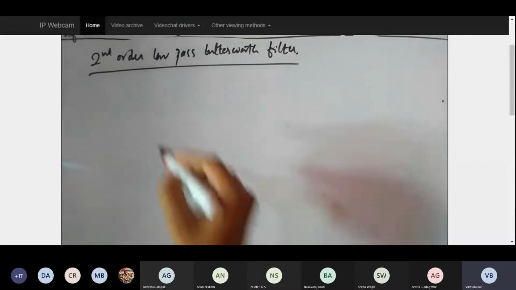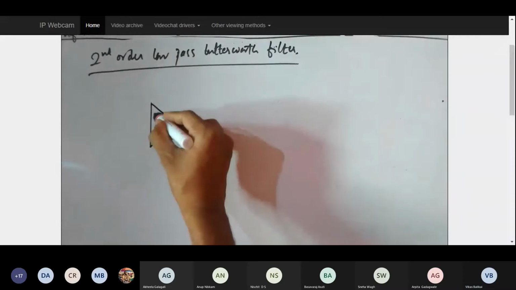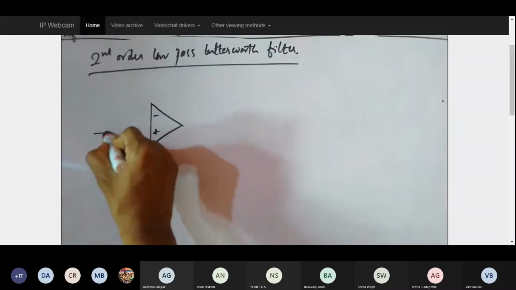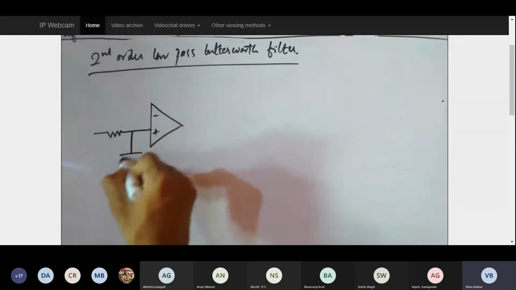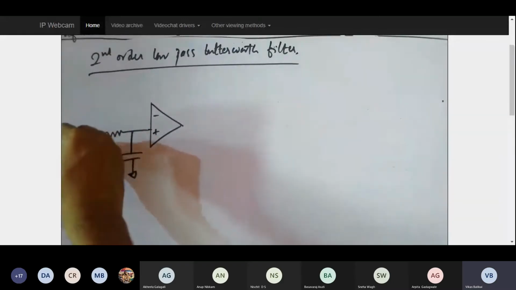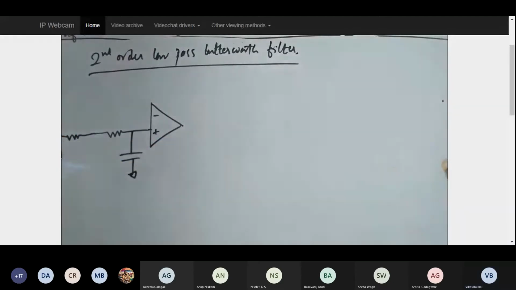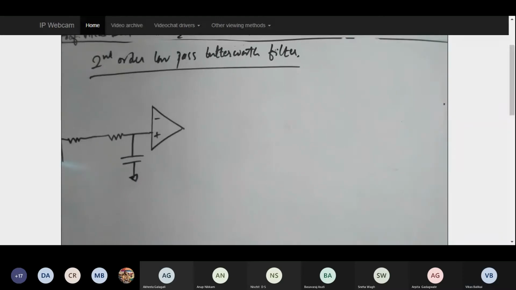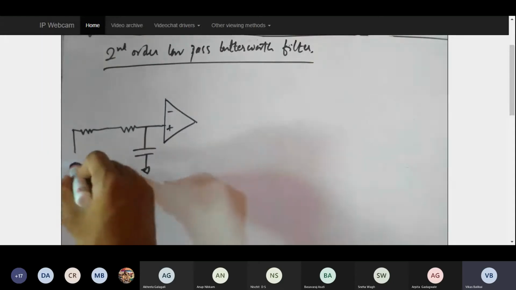Okay, let me quickly draw the circuit of this second order filter. And with respect to the derivation of this particular concept, although in the textbook they haven't mentioned any particular derivation over here, I'm going to give you an understanding of how we solve for this derivation.